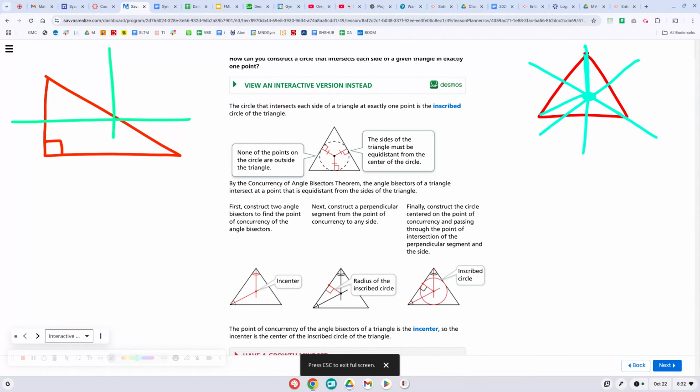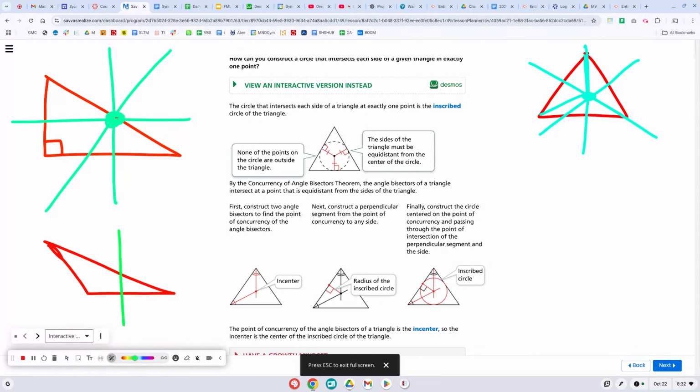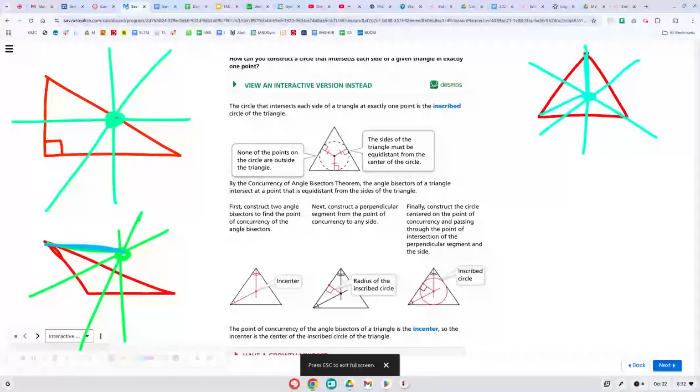Okay, that's a little high, but just bear with me. And then if the triangle is obtuse, the perpendicular bisectors will meet outside the triangle. Okay? So what that's saying is that this distance is the same as this distance is the same as that distance.